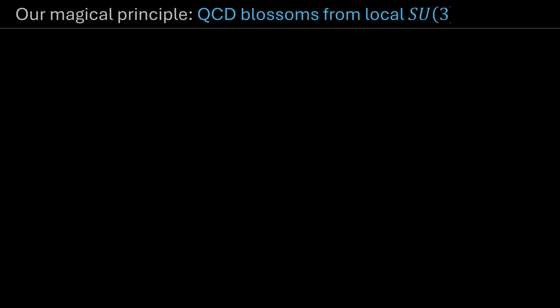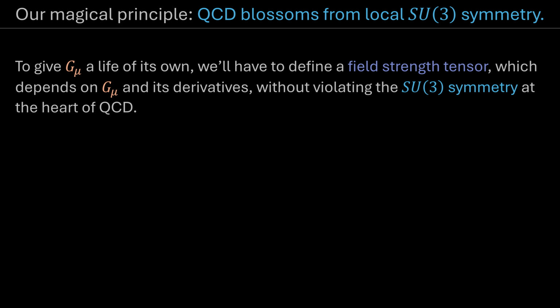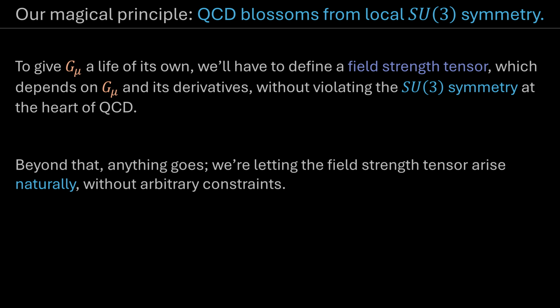So if we go back to the golden rule, the magic bean, that the strong force blossoms from local SU3 symmetry, then the answer is that the most zen way to give G mu a life of its own is to let it contain energy in whatever way it can, without violating the local SU3 symmetry that justifies its existence. So we brought the gauge field G mu into existence in order to give our Lagrangian local SU3 symmetry.